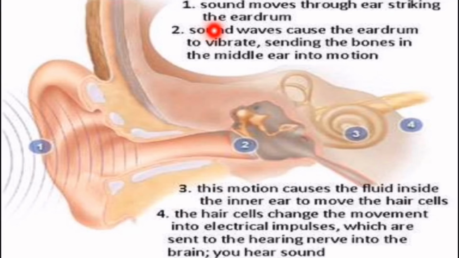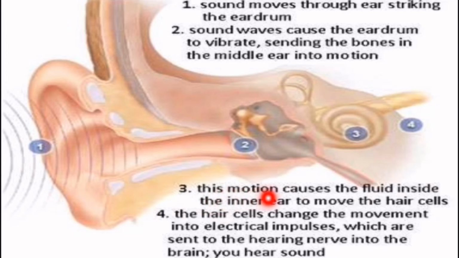The first is sound moves through the ear, striking the eardrum in the outer ear. The second is sound waves cause the eardrum to vibrate. Now this eardrum starts to vibrate and sends these vibrations to set the bones in the middle ear into motion.